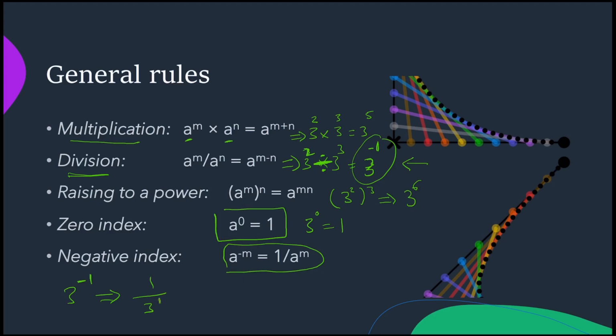So 3 to the power of minus 1 is actually a third. 2 to the power of minus 1 is half. And so on. Of course, you could say 2 to the power of minus 2, that means 1 over 2 to the power of 2, and of course that is 1 over 4.